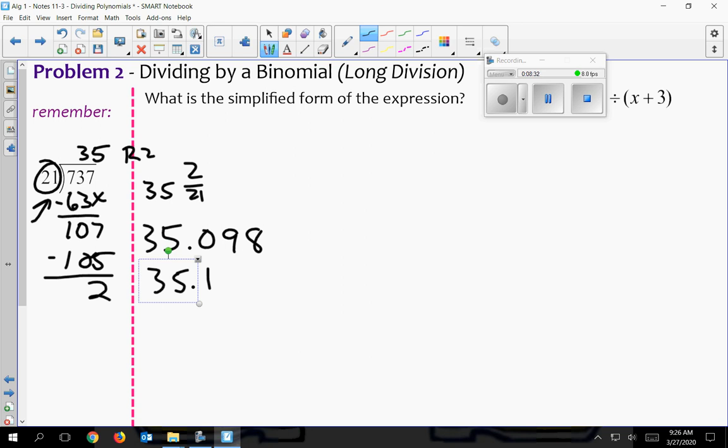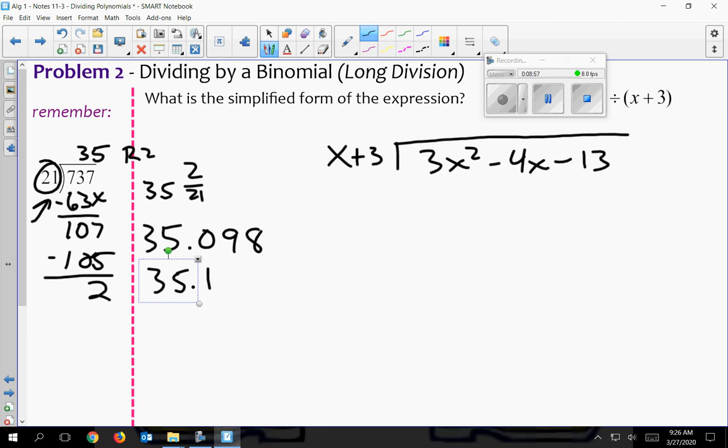So we're going to go ahead and take a look at dividing a polynomial by another polynomial. So I'm going to take that x plus 3, and I'm going to make a long division problem. And I'm going to divide that into 3x squared minus 4x plus 13.